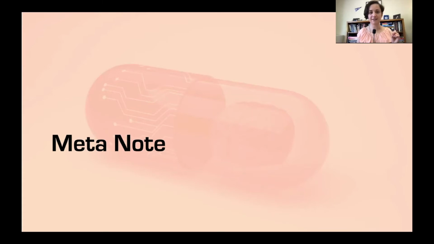Second quick meta note, this unit and next week's unit are consistently the least popular units in any psychopharmacology class. Most of you are probably not going to find this material quite as engaging as some of the stuff we did in earlier weeks or some of the stuff we're going to do in coming weeks.